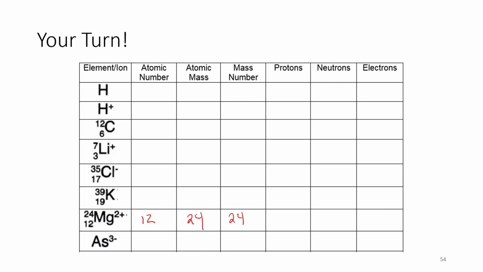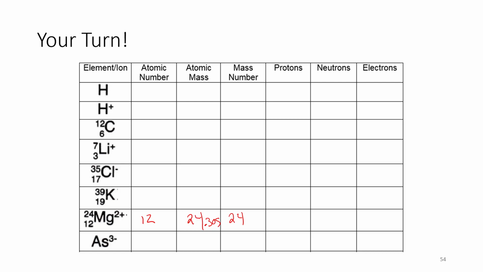If we look up the actual atomic mass of magnesium, it's 24.305. And the mass number is that rounded, so 24 is our mass number. You can put the 0.305 to indicate that this is the calculated mass from the periodic table, or you can round it, it's up to you.